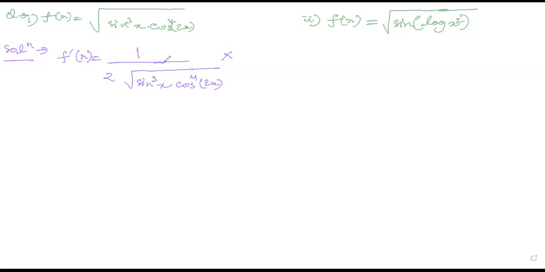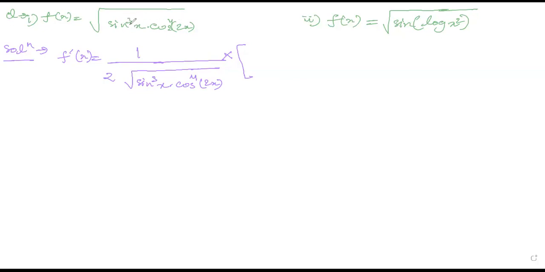Then, in the multiplication, we have dealt with the constant power and now we reach the function. The function is sine cube x into cos to the power 4 of 2x. To differentiate the whole function, we need to apply the product rule. The product rule says differentiate the first, keep the second as it is, then keep the first as it is, and differentiate the second.